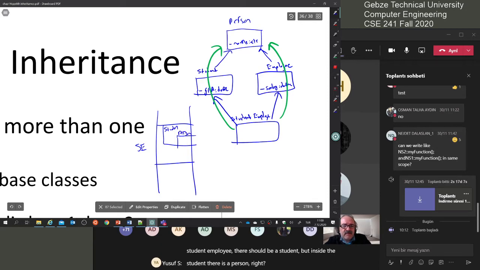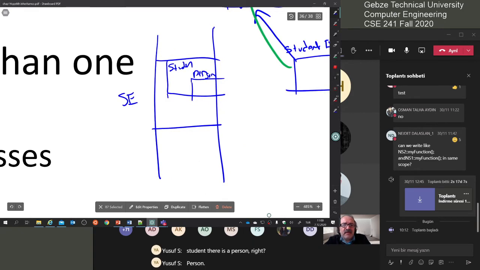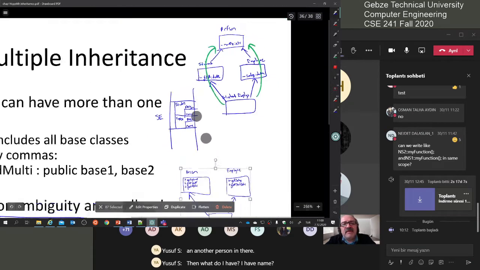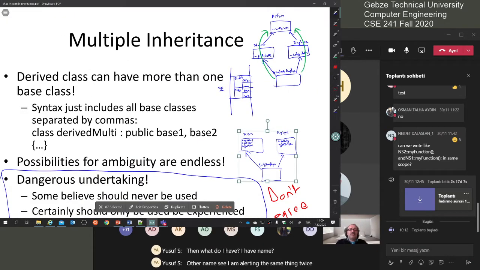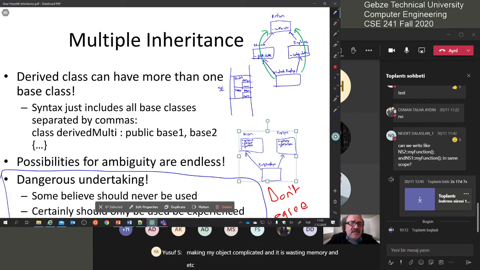Also in the student employee, there is this employee again, and another person in there. And inside the person, what do I have? I have name and another name. See, I am inheriting the same thing twice, and it is making my object complicated, and it is wasting memory. Okay, so C++ has some solutions for these kinds of problems, but we will not go into those.